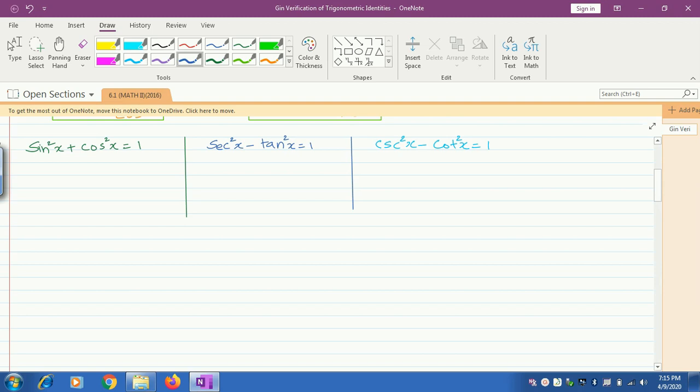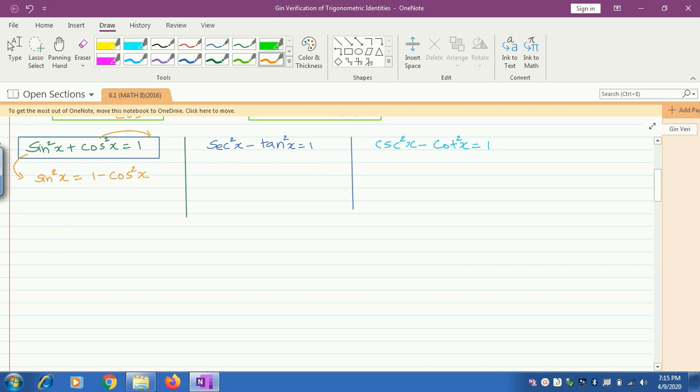This is the main formula. Using this I can derive two formulas. How will we derive them? Keeping sine square theta here, I will move the cosine to that side. You will get 1 minus cosine square.